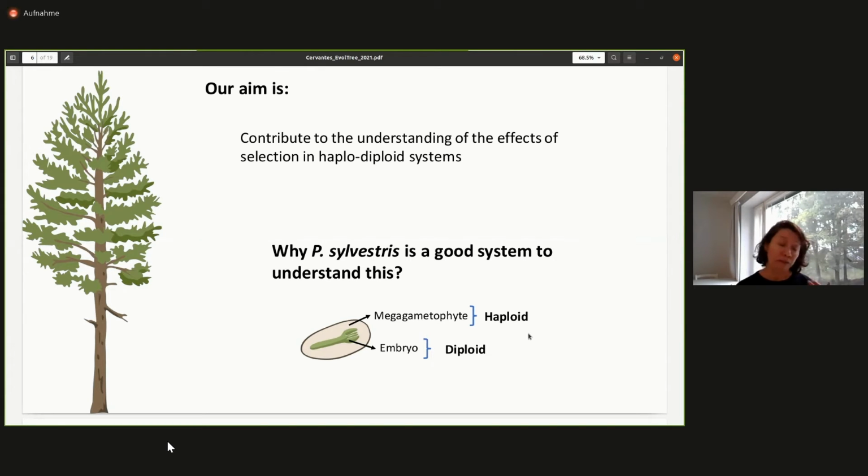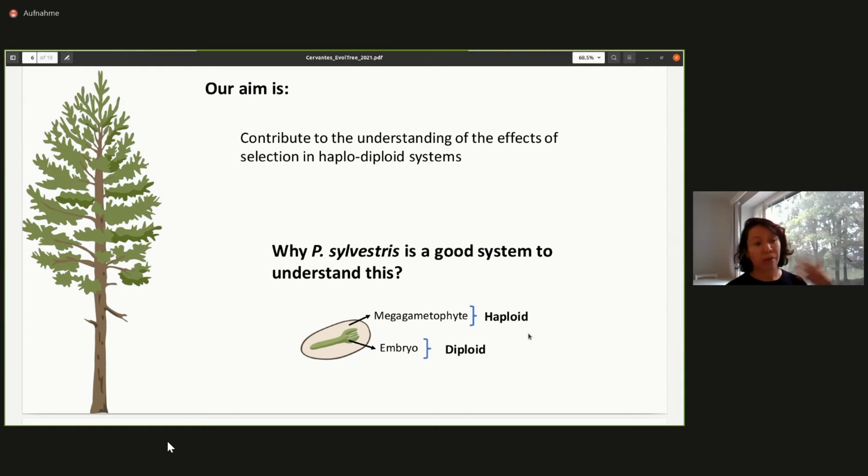Well, first, it is a tree, and trees have large population sizes, which makes selection efficient. Also, sylvestris has a haploid stage in the seed. The megagametophyte tissue in the seed is haploid, it is a multicellular tissue, and it has a life of approximately 2 years. This tissue is metabolically active and also transcriptionally active until germination time.